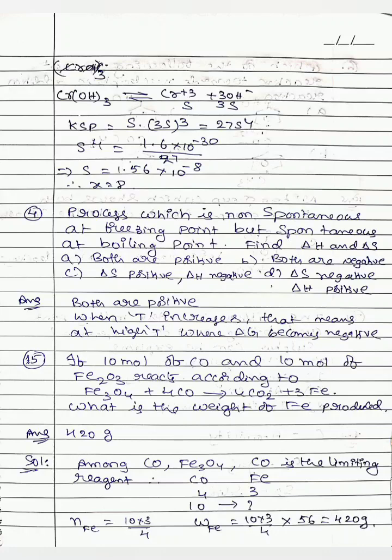When 4 moles of CO form 3 moles of Fe, then 10 moles form 10 × 3/4 moles of Fe. To calculate the weight, let's multiply with the atomic weight, then we get 420 grams as the answer.